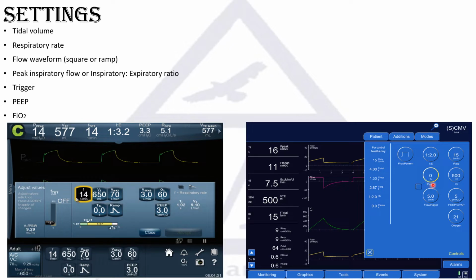If you want to put a pause for the plateau pressure, again the trigger, whether flow or pressure, and here it's set at 5 liters, and the flow pattern, and here we're using the constant or square waveform. So again, most of the ventilators fall into one of those two categories, and of course you have to know your ventilator.